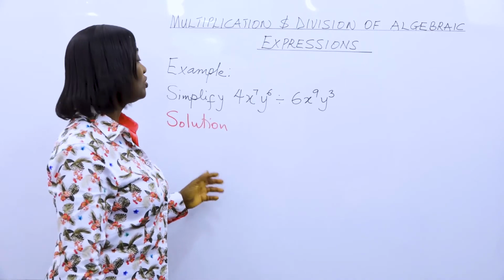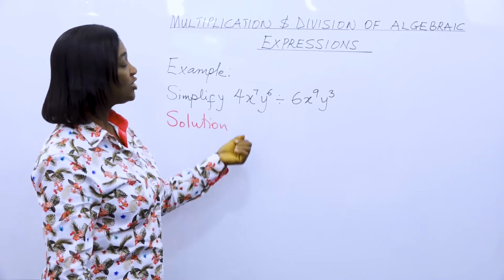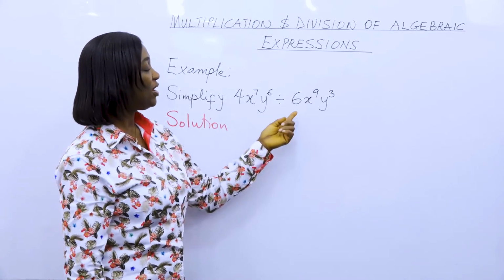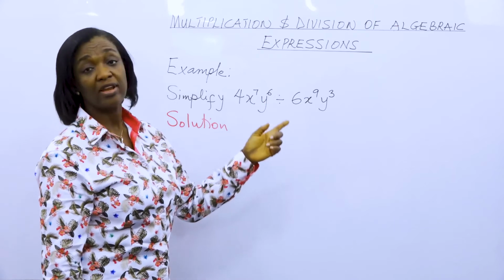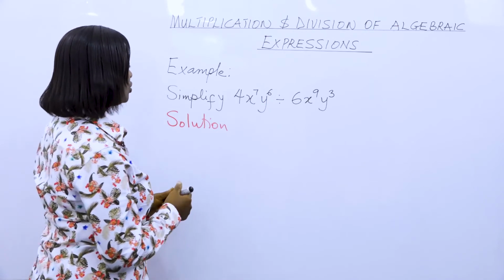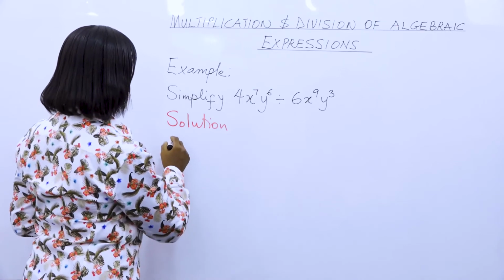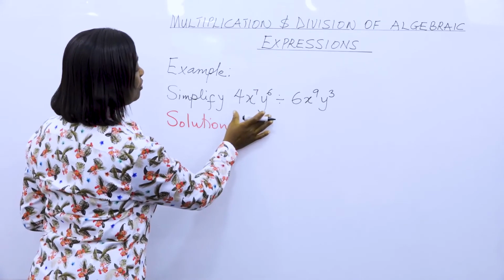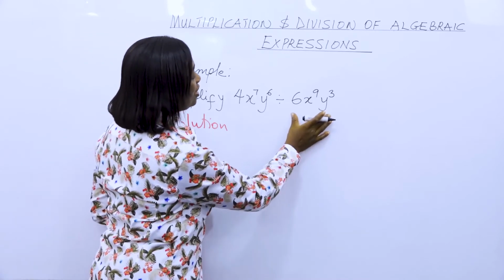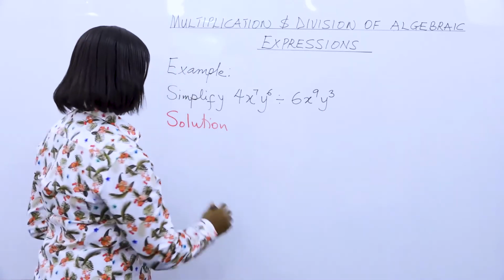In this example, we want to simplify 4x to the power 7, y to the power 6, divided by 6x to the power 9, y to the power 3. So we write it out. This is the numerator, and this other part is the denominator.